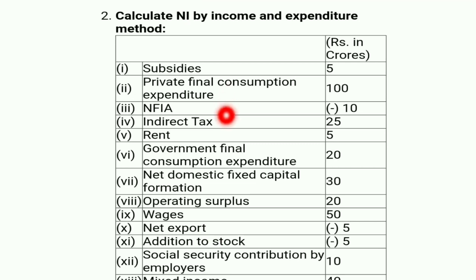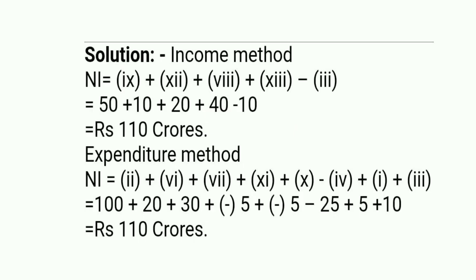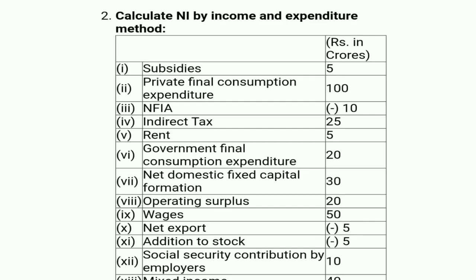We subtracted net indirect tax, that was indirect tax minus subsidies, 25 minus 5, that is equal to 20. So when we added minus 10 and subtracted 20 from NDP at market price, then finally we got our answer as 110 crores from expenditure method. Since your NFIA was given in minus terms, that's why we subtracted it, because plus minus is minus.